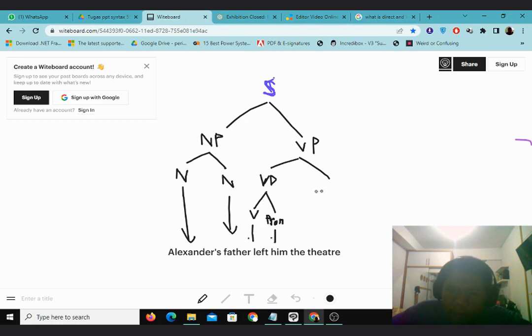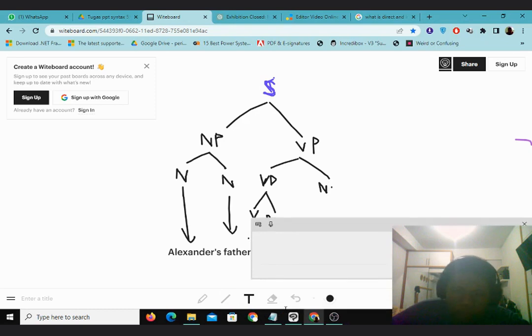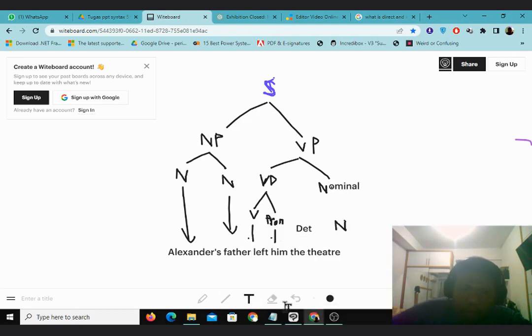Then in this part, I use nominal, which is going to be split into determiner and noun.